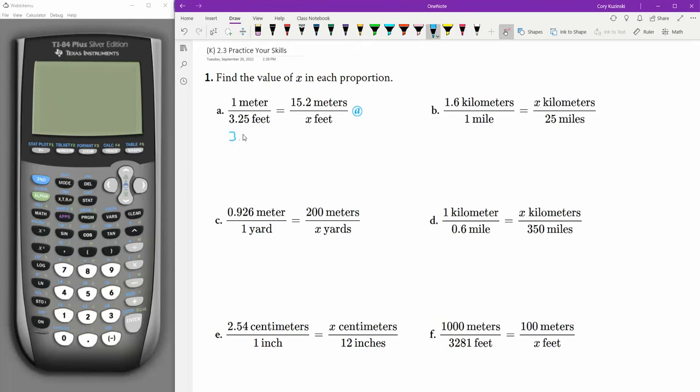So let's do 3.25 feet over 1 meter. I'm going to lose the meters here. I'm going to flip this over, x over 15.2, and then multiply both sides by 15.2.